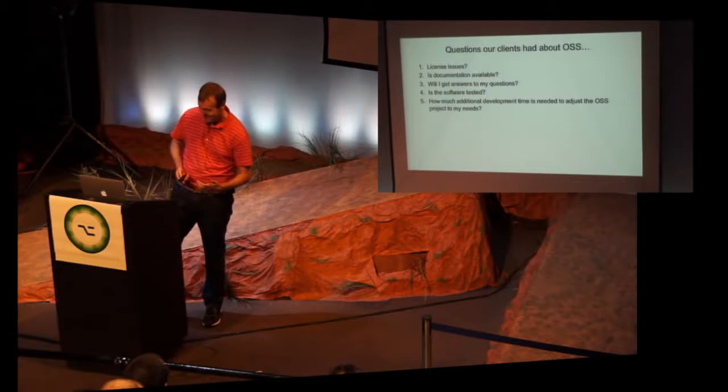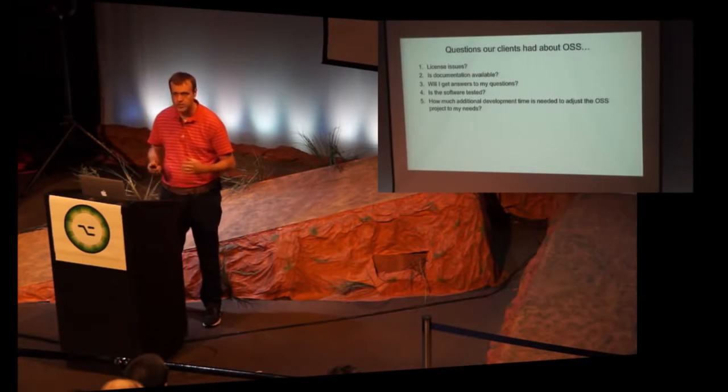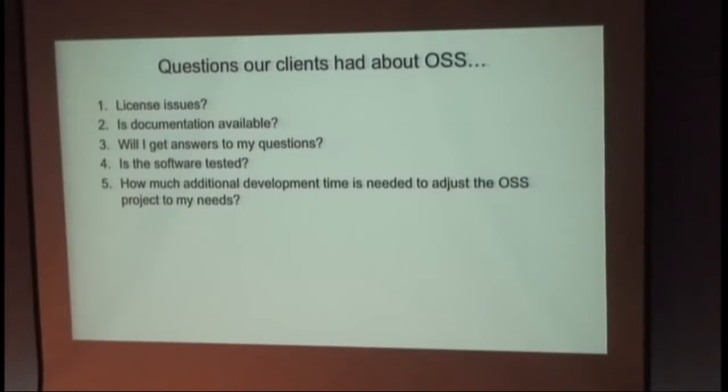Then the other question was, what additional development time is needed to adjust this project to my needs? This is another one that hit home, and we've always found this ourselves, which is why we have to fork different repos. We find there's a feature X and Y that we really love, and we want to add feature Z to the project.